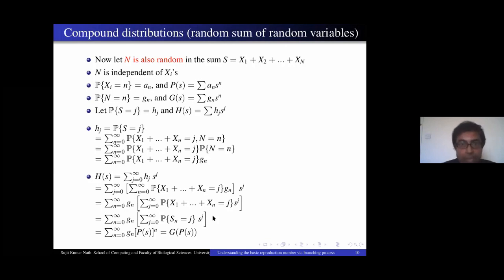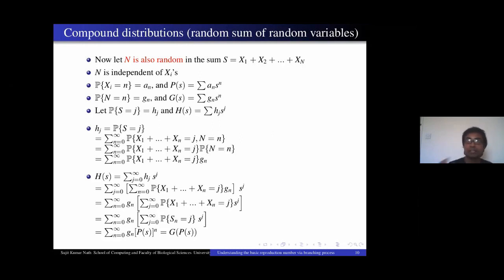Okay, now let me come to compound distribution. This is the same kind of summation of random variables, but now I don't know how many terms I need to sum up. Suppose there are N random variables, but capital N is now a random number. So I do not know beforehand how many random variables I am going to sum.